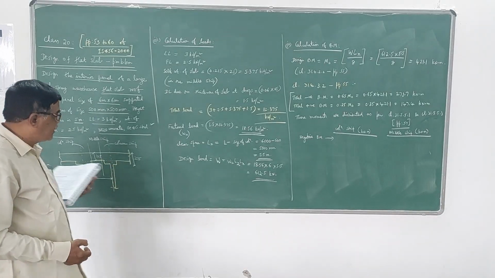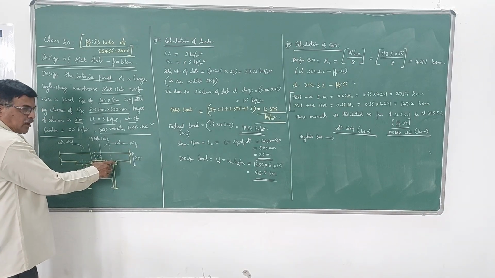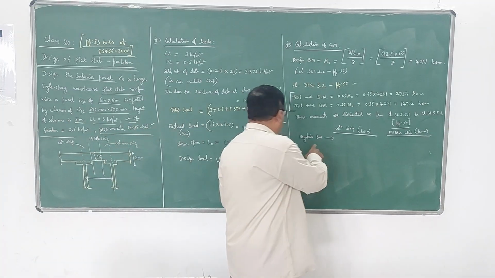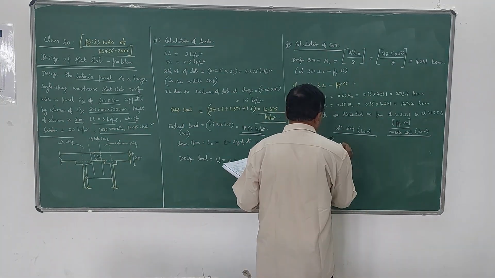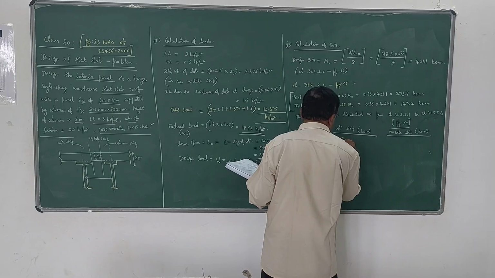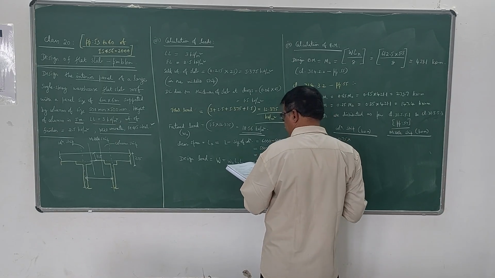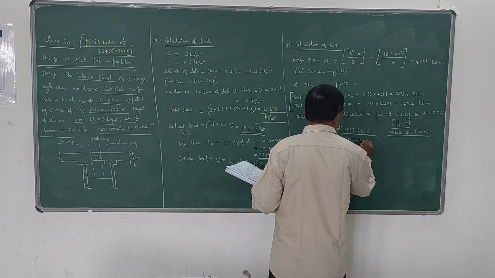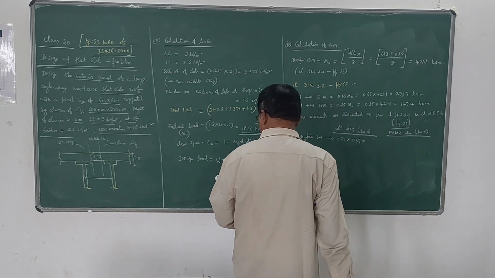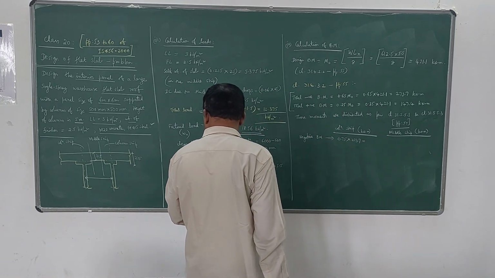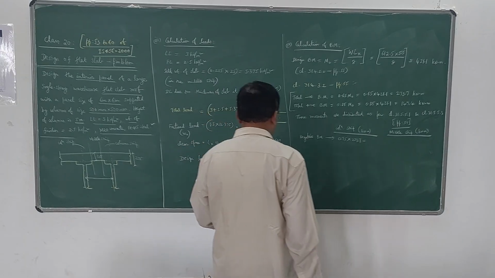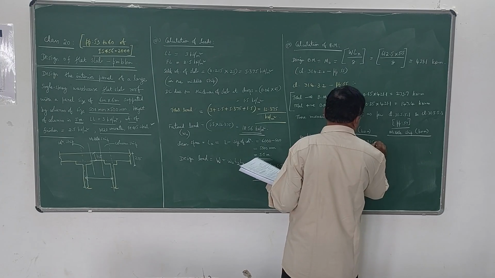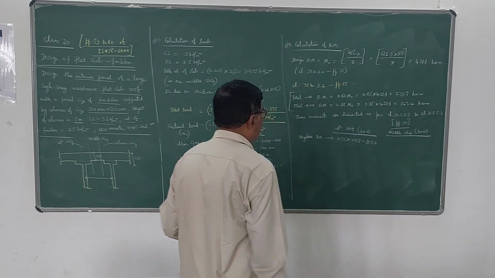So the negative bending moment in the column strip is taken as 75%, that is 0.75 times 273.7, which is 205.3. This is the column strip moment.